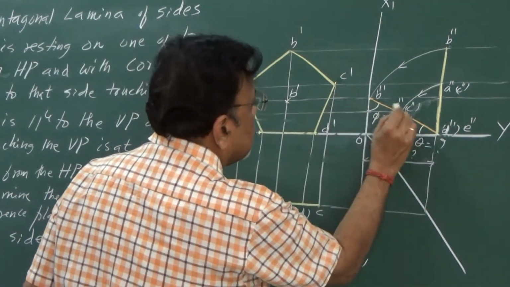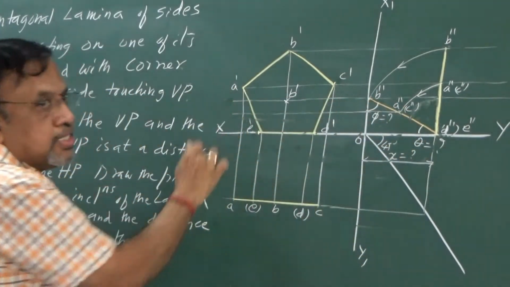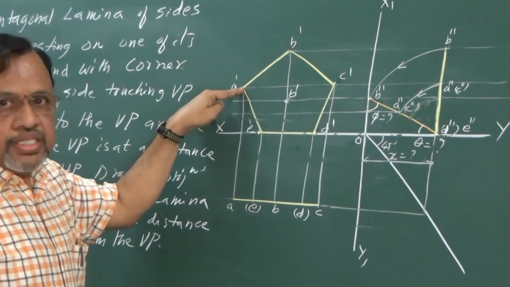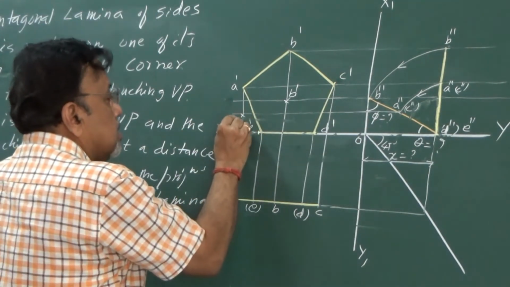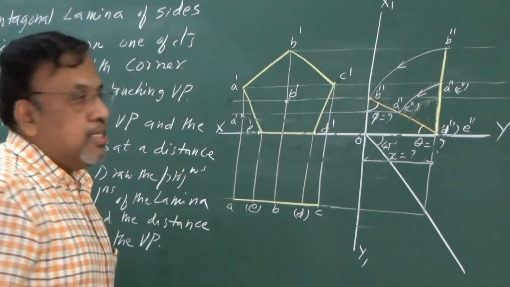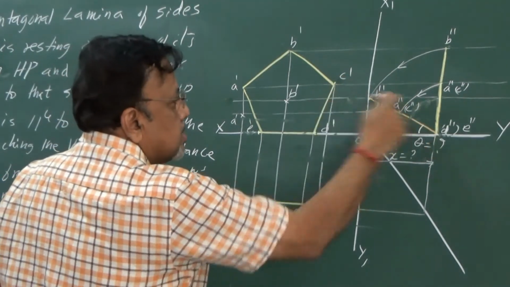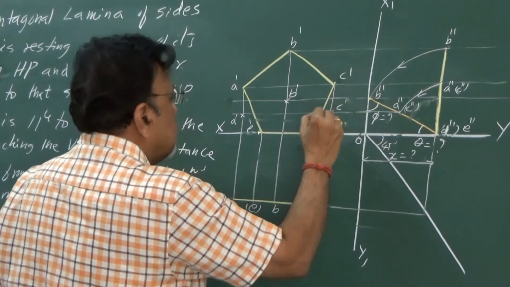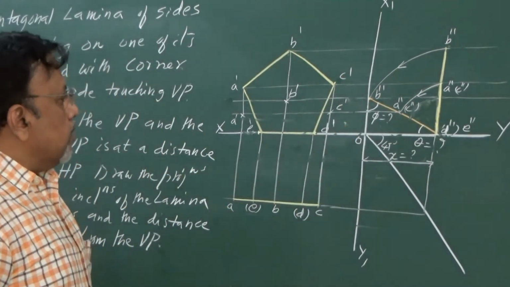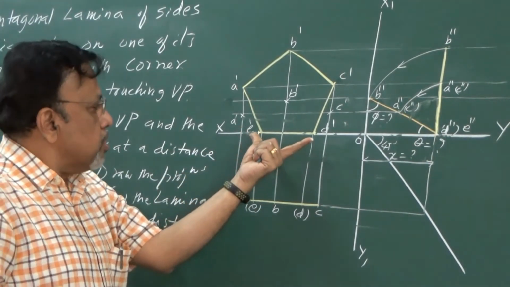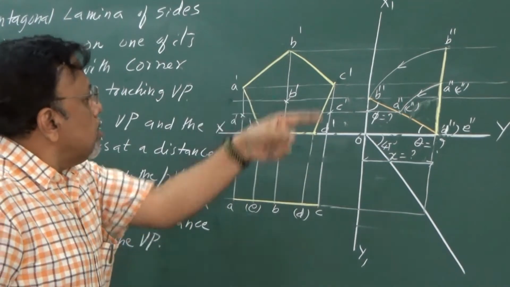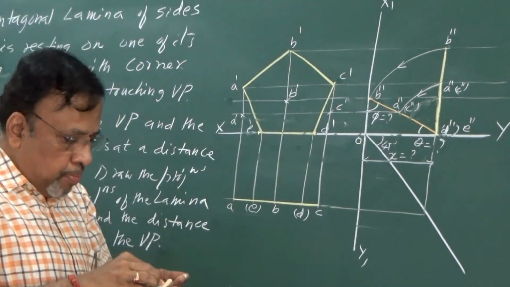Let us see this. I am just going to draw from this A dash and C dash. Where is A dash? A double dash, yes. A dash is here. So the intersection is your new A dash. Similarly, C dash, C double dash. This is your new C dash. Okay, what about your D and E? Because it is on HP itself. Now I can join the points in the proper sequence.